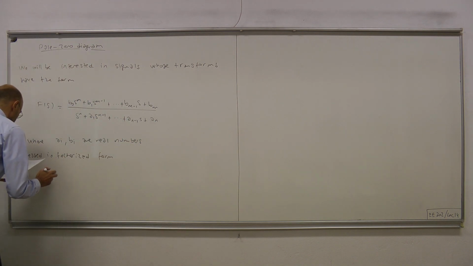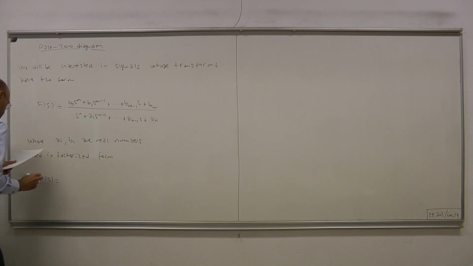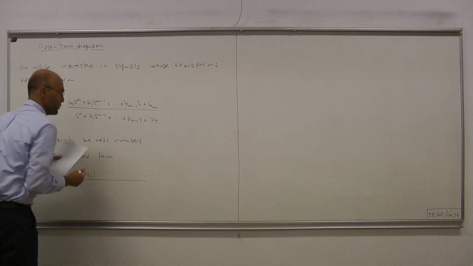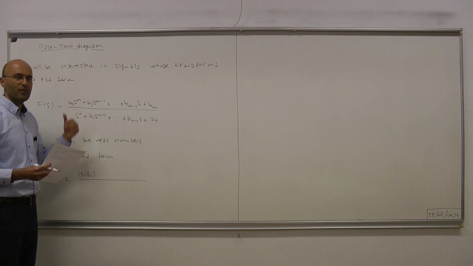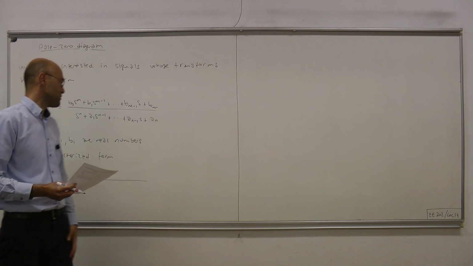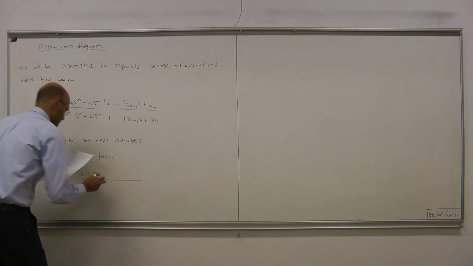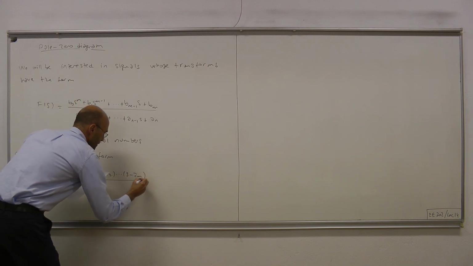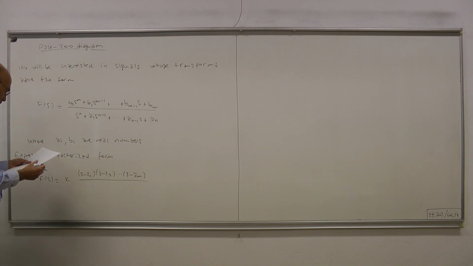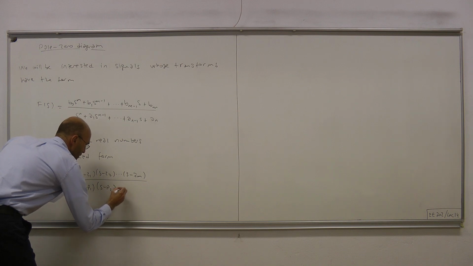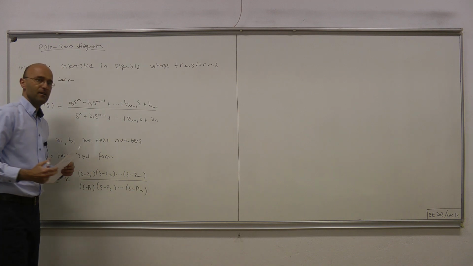So F of s can be rewritten as k times, suppose we somehow computed the roots, which is not an easy task if the polynomial is of order 3 or larger, so you can always take software help. But suppose we obtain those roots and write F of s as the product of these m first order terms divided by the product of these n first order terms, s minus p1 up to s minus pn.